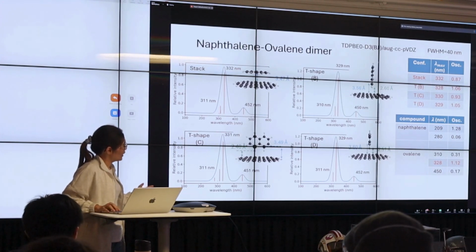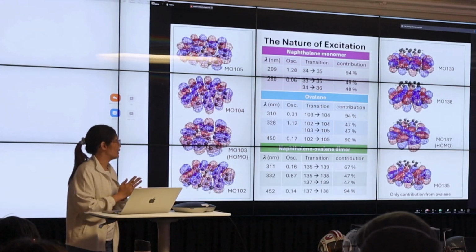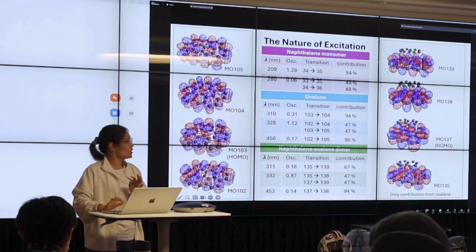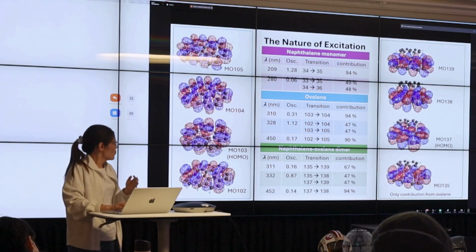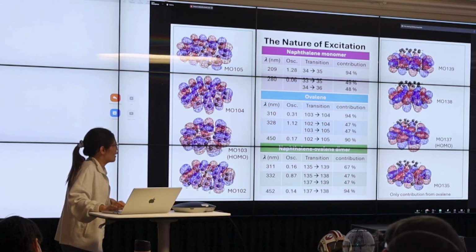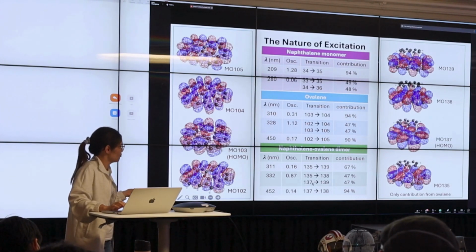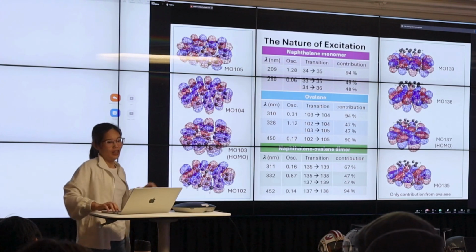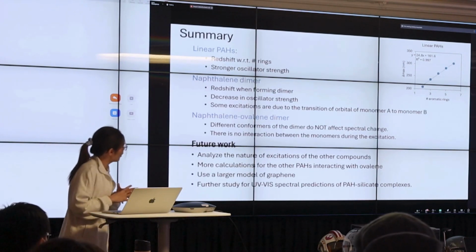So I looked at the orbitals, and in the end it looks like there is no interaction between the naphthalene and the ovalene. Those different numbers are just numerical instability, and pretty much all of the transition is from the dimer, mainly from the ovalene. That's all of the results I have so far.